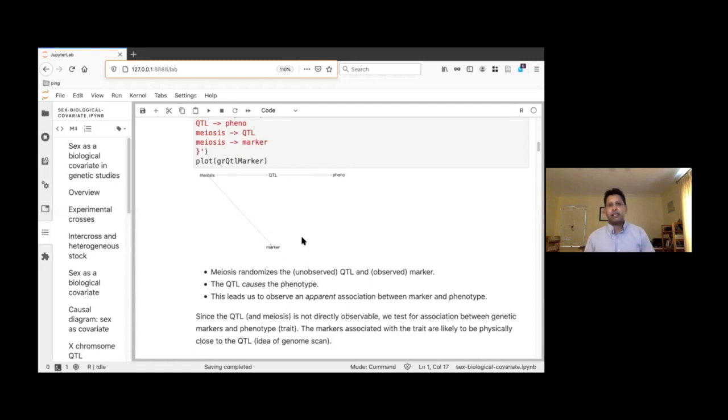That's the basic idea behind QTL analysis. I will consider QTL and marker to be almost synonymous in some of the future slides, with the understanding that really the marker is close to a QTL, or they share a common meiosis, but they're not necessarily the same.